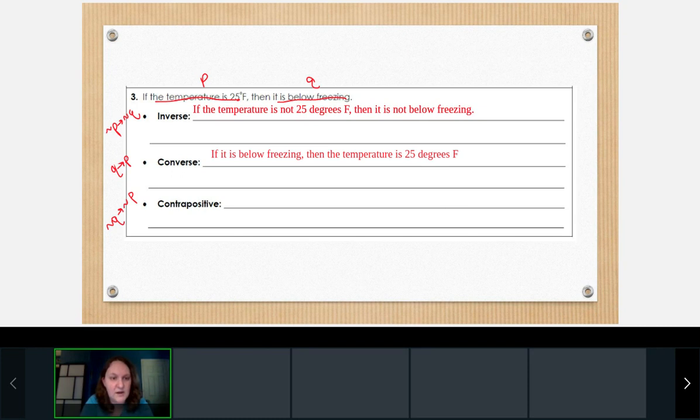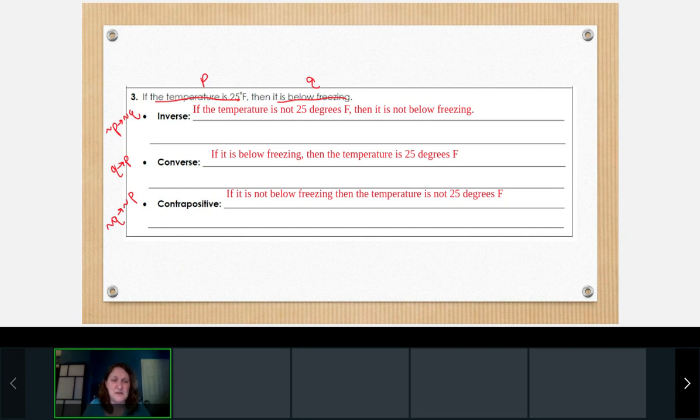Then, and then we'll put not P: the temperature is not 25 degrees Fahrenheit. All right, I'll move it in just a second. There we go. All right, any questions on how I wrote those?